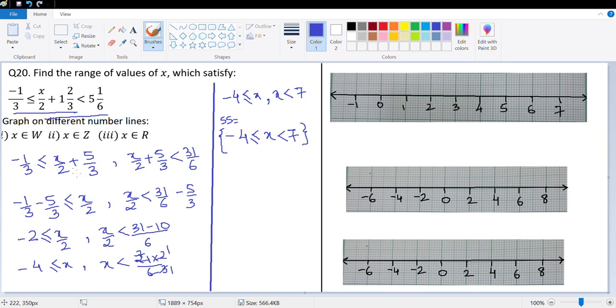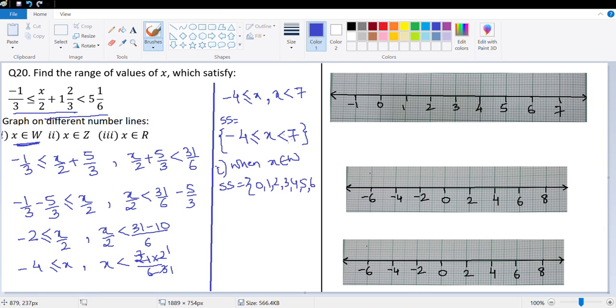Depending upon which number line or which is the replacement set, I can look at my answer. So if x belongs to whole numbers, what are the whole numbers which are between negative 4 and less than 7? Yes, the solution set would be 0, 1, 2, 3, 4, 5, 6.